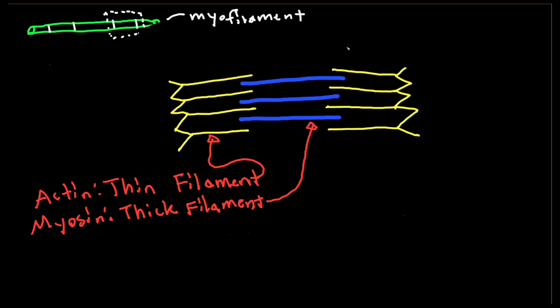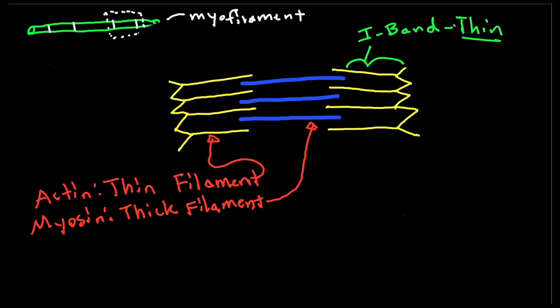This part right here that includes the end of the sarcomere, and right where the thick filament starts, is called the I band. And this is just thin filaments, just thin.